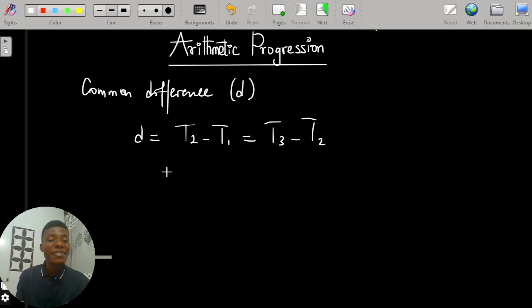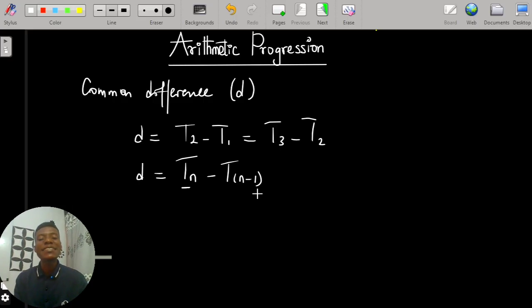Now, in general, you can say that D, which is a common difference, is the difference between a term and the term before it, which is the same thing as saying Tn minus Tn minus 1. That is a term minus the term before it. So whatever result you get is the number that is common to all.